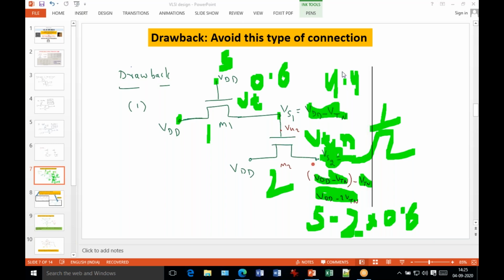Today you understood what pass transistors are, how to configure the AND logic, the OR logic, the NAND logic, and the problems in pass transistor logic. Your speed is good, there is no problem, but sometimes your output voltage does not have good signal strength. That is a problem. We will discuss in the next lecture how to design circuits where your output voltage is not degraded and gives a full swing.